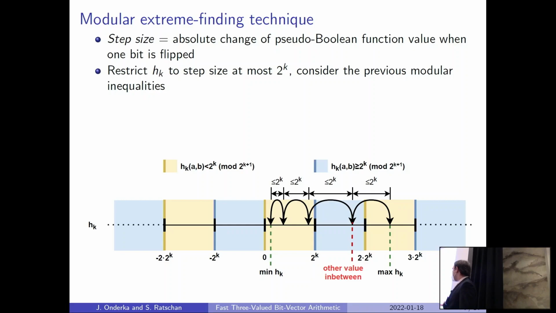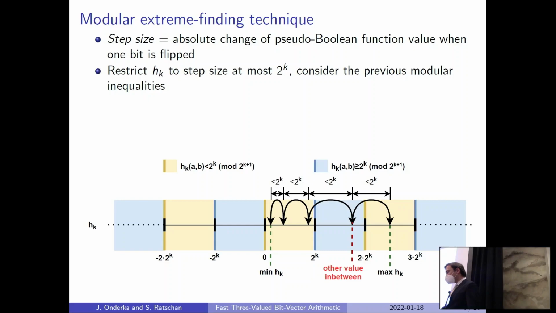Or we can have the minimum and maximum in differently colored areas, and then trivially both of the inequalities hold somewhere. Now, if we have both the minimum and maximum in the same colored area, but not the same exact area, then with the restriction of the step size to at most 2^k, what must necessarily happen is that when we are going from the value that gives us the minimum to the value that gives us the maximum, we must step into the blue area somewhere in between.